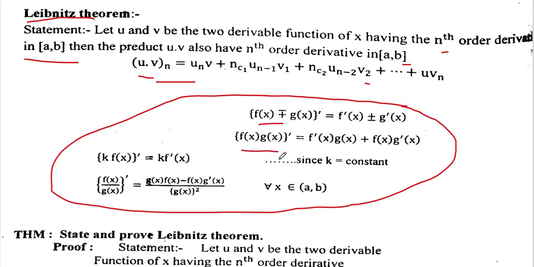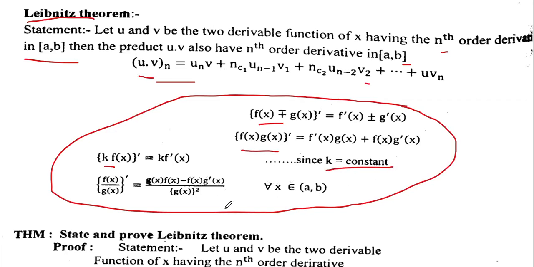Third property, the multiplication property: the derivative of f of x into g of x equals f dash of x into g of x plus f of x into g dash of x. Also we have seen the property that the derivative of k into f of x equals k f dash of x, where k is a constant.